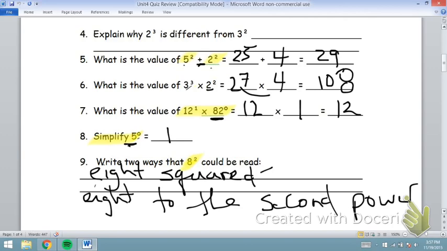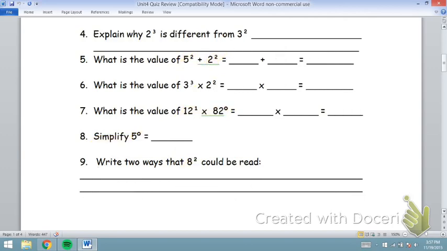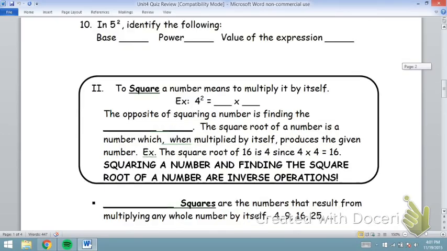Alright. Going to the back side. And in this one, you're just given an exponent, 5 squared, and you're identifying what the base is and what the power or exponent is. And then you go ahead and find the value of the expression.